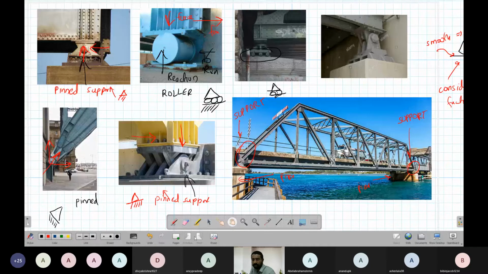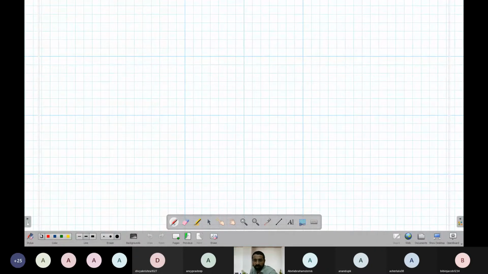Now there is also a fixed support condition. We will not learn about that today. For your convenience, let's say we have a small beam like this, then a pier like this, and finally it can be a riverside, or pinned here.